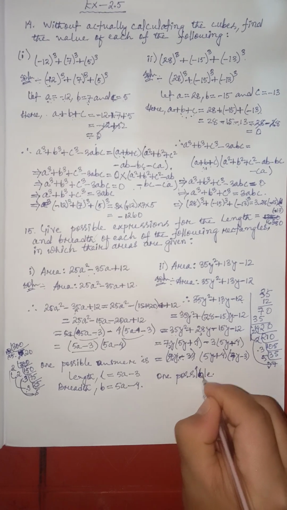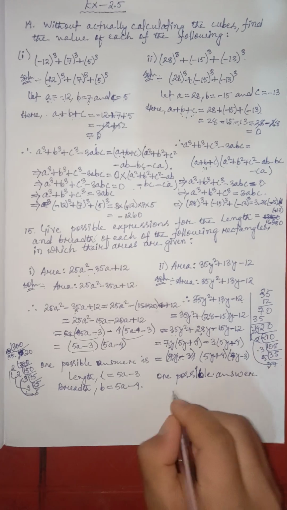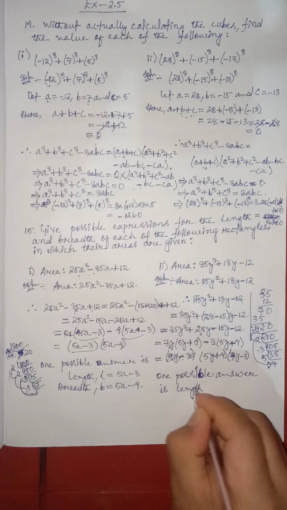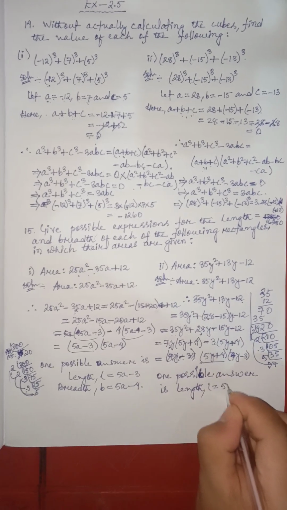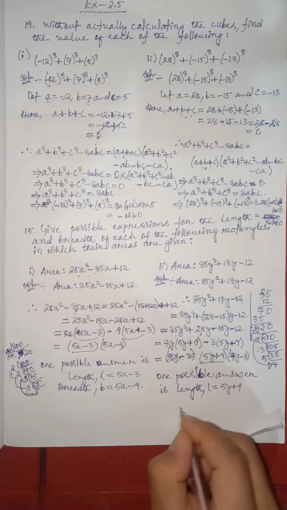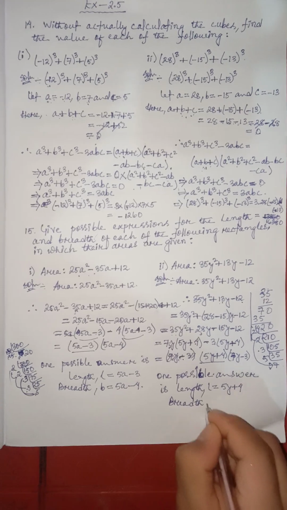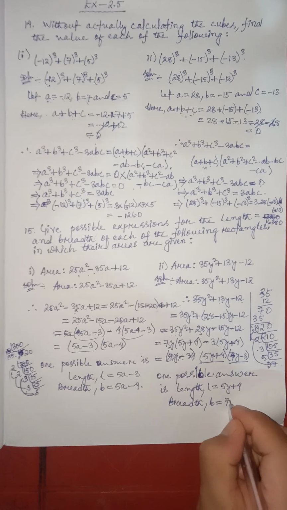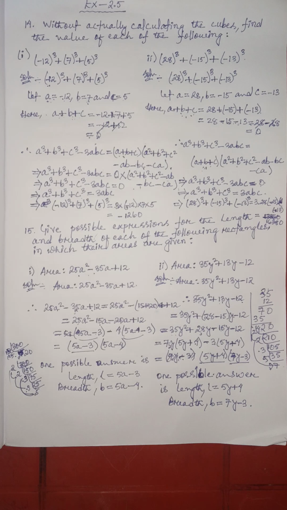One possible answer. The answer: length. How much is it? The first one let us take. It is 5y plus 4. And breadth, what is that? It is b equal to, let us take this, 7y minus 3. This is all the problem.